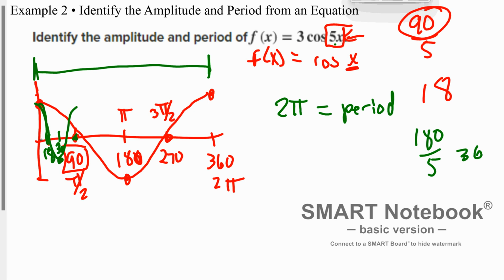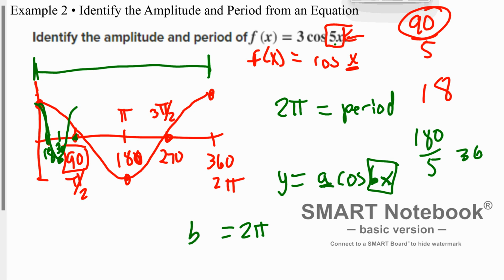Well, when we talk about cosine and sine, it's usually in this form like we saw in the first video, cosine of bx. And normally there's an x there, but now we're multiplying by a number, say b. Okay, and then we have our amplitude out here, which we're going to talk about. So normally, when this is just x, our period is 2 pi, right? But now we have a bx there.